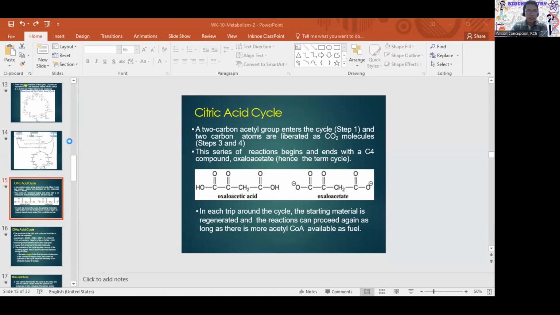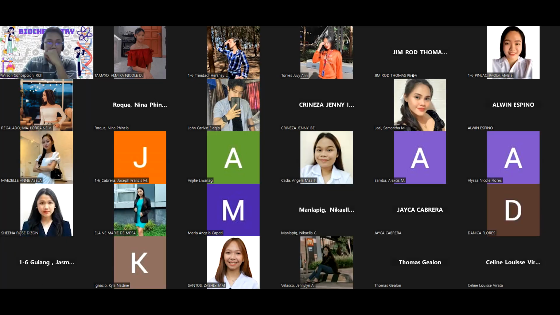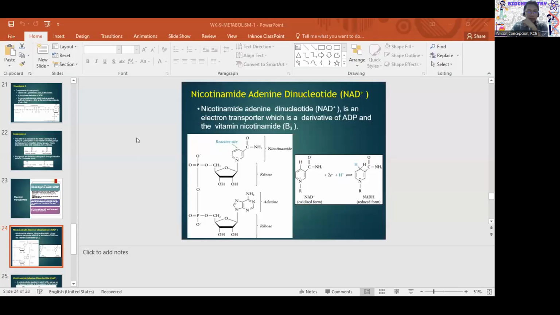Sa ibang section kasi ay natapos namin eh. Okay. Ano lang 'to naman? Ilang slide lang 'to? 4 slides lang yung di natin na-discuss last week.